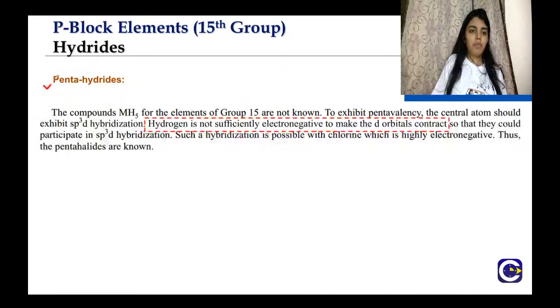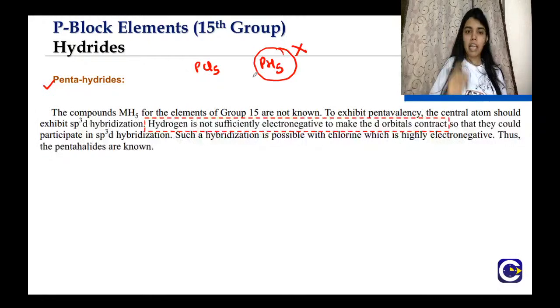Now this is very important. Phosphorus forms pentahalides, but it does not form pentahydrides, right? PH5 is not known. Why? Because in PCl5 the phosphorus has expanded its octet, right? To exhibit pentavalency there should be the presence of an electronegative atom, because an electronegative atom forces the electrons of phosphorus to get excited.